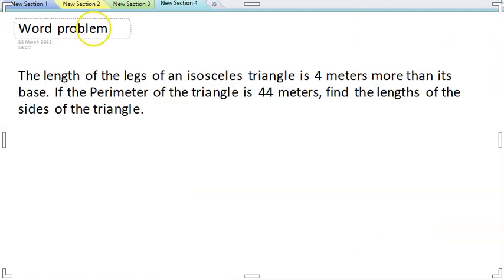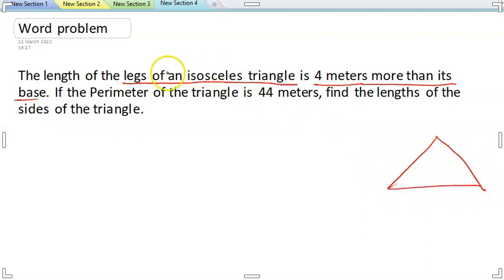Yeah. Here, the length of the legs of an isosceles triangle is 4 meter more than its base. So what is an isosceles triangle? Any triangle with two sides equal is known as isosceles triangle, right? So let us consider the triangle ABC, and this is going to be the base, and these two are the legs of the triangle, right?